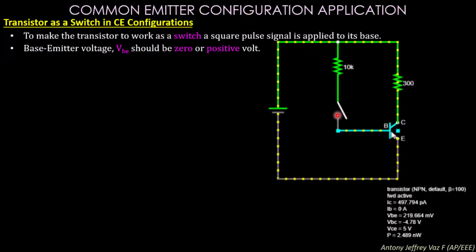When you turn on the switch, the positive supply from the battery is fed into the base through the current limiting resistor of 10 kilo ohm.